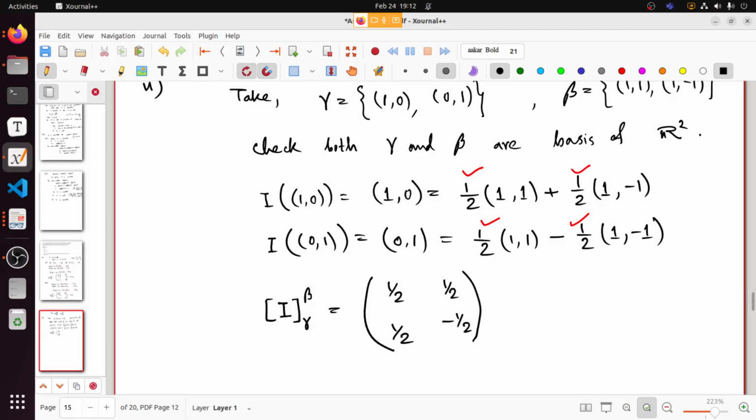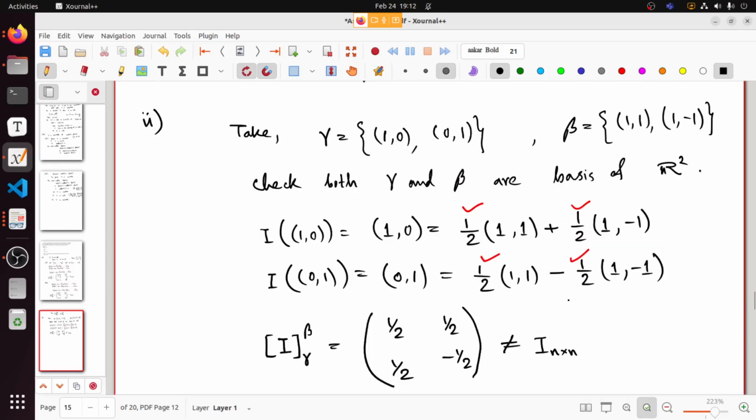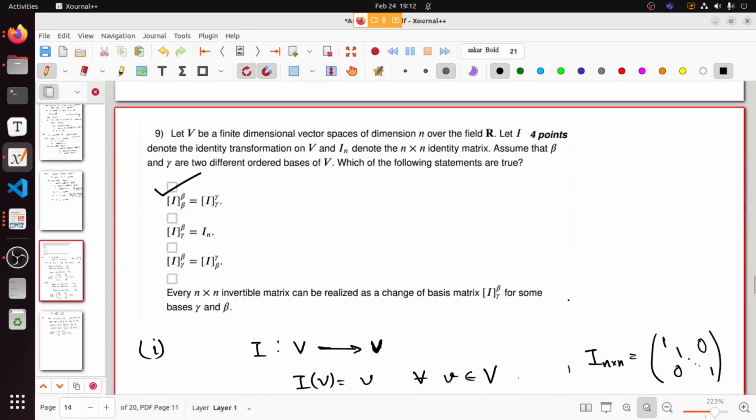So this is the identity transform with respect to the bases gamma beta. This is not the n cross n identity matrix, right? So option number 2 is false. We got a counterexample where this is not true.